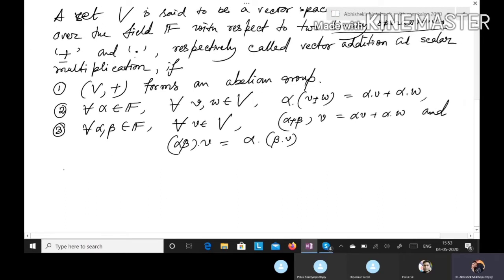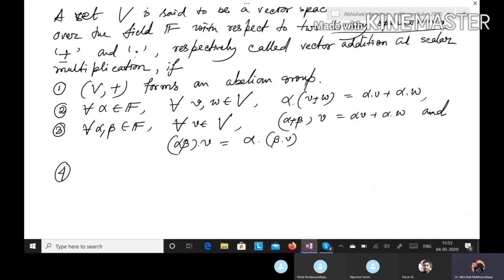Number 4 is, what will happen if we take any point from V, and since the field F has unity 1, when we multiply 1 with that element V?